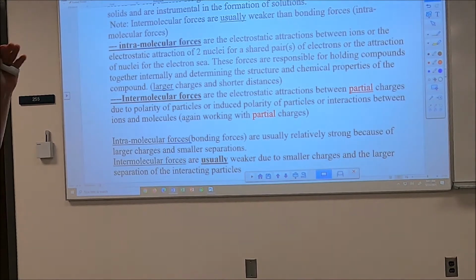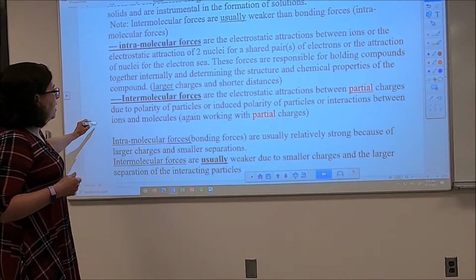So ionic bonding, covalent bonding, metallic bonding. These forces are responsible for holding compounds together internally, and they help determine the structure and the chemical properties of compounds. So they're larger charges over shorter distances, which makes stronger connections.